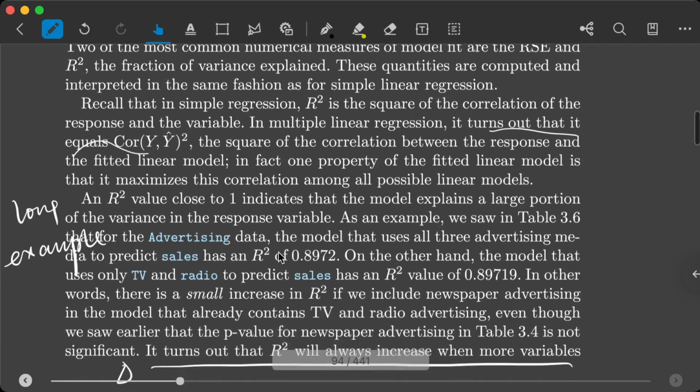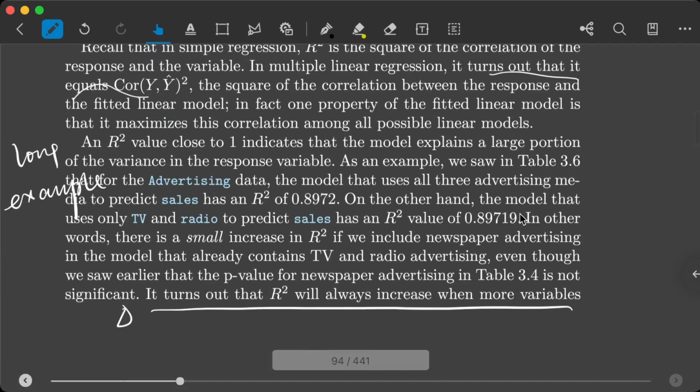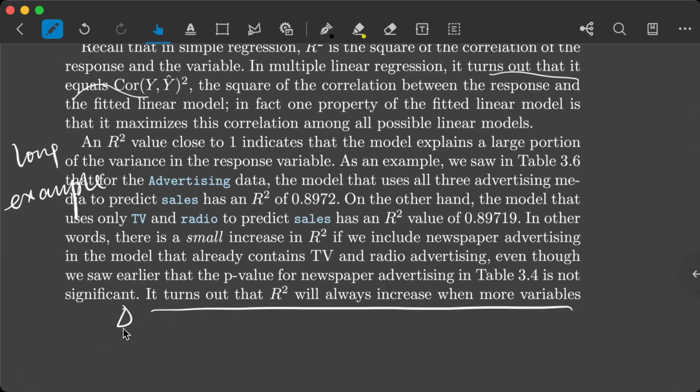We also give an example of advertising, the relationship between some variables and sales. When we try different combinations of the predictors, we can get different R-square. By introducing some of them, we can get a higher R-square, which means that they are sometimes meaningful. But there are some points we need to pay attention to.